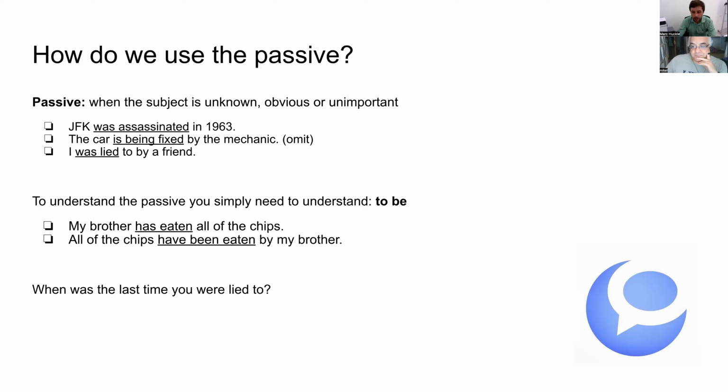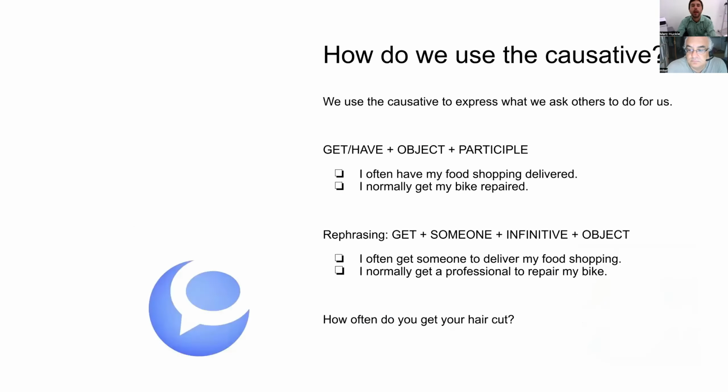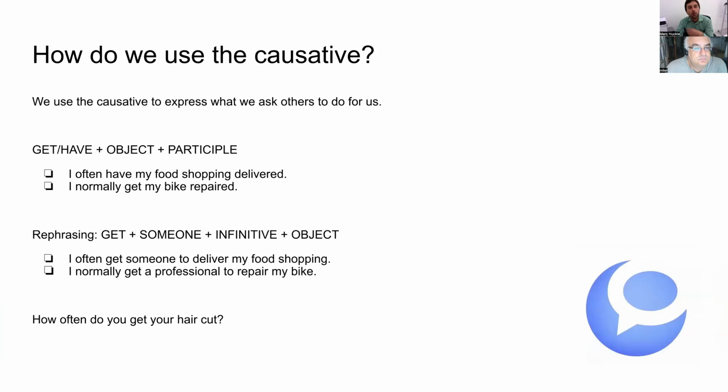Okay? Good. Now, as I've said, the passive is used when we don't know who does something, or it is obvious or unimportant who does it. Or we don't want to say who. It's also possible. Now, causative. We use the causative to express two different things. We generally use the causative when we ask or pay somebody to do something for us.